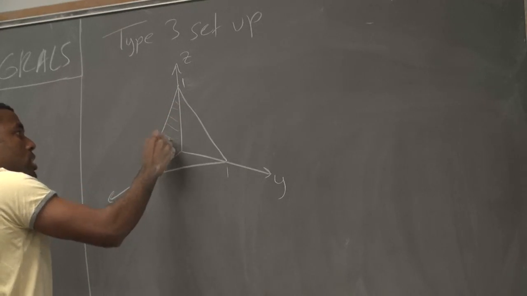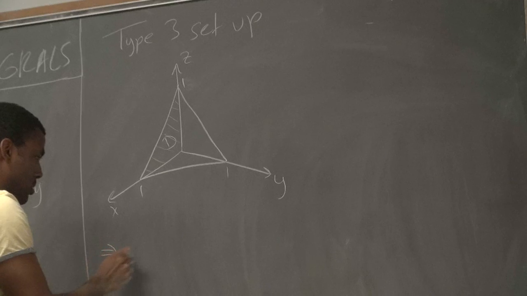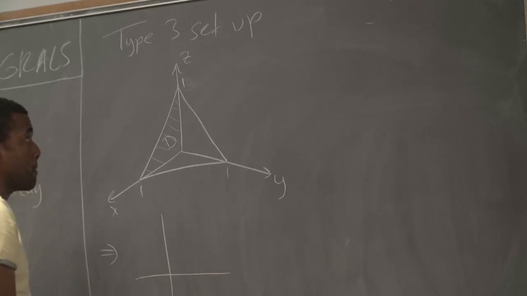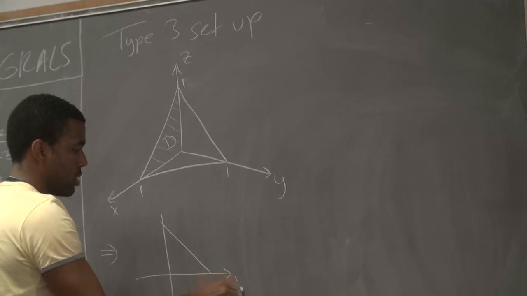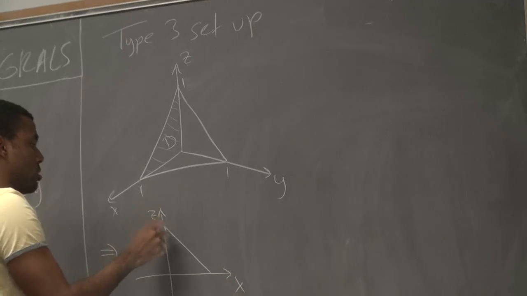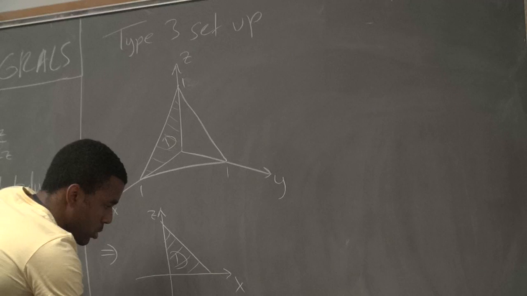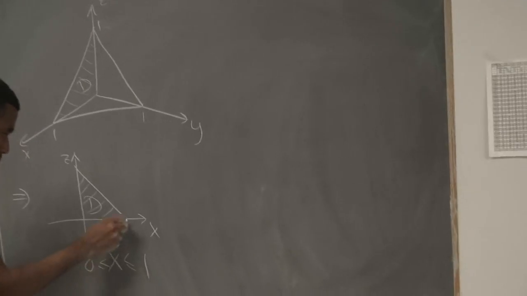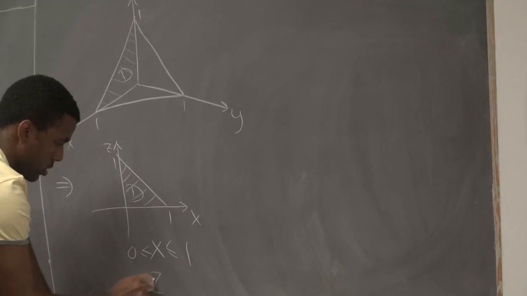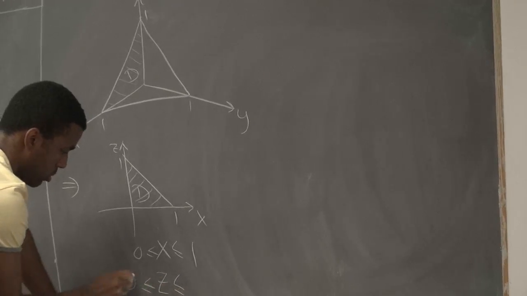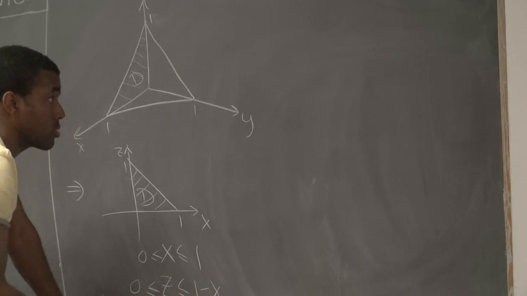So here I think of the projection as being in this region. So then now this is x, z, D. So I can let x go between 0 and 1. Z goes between 0 and 1 minus x.